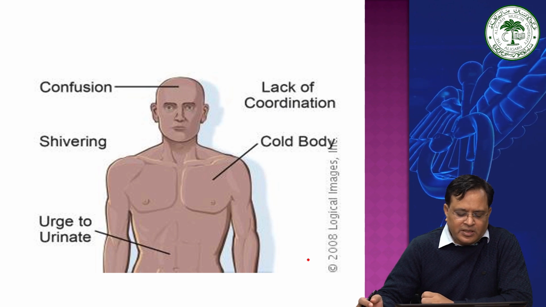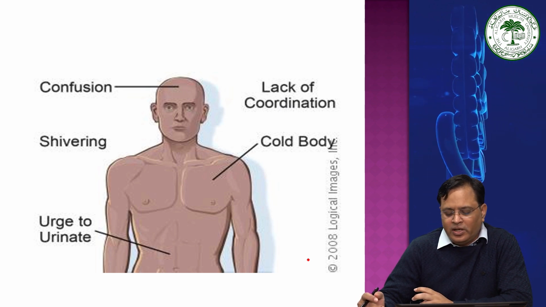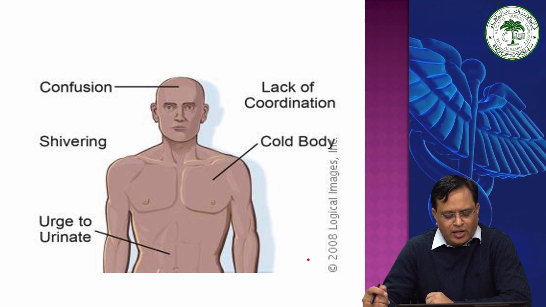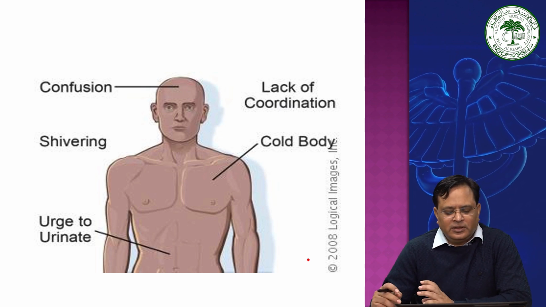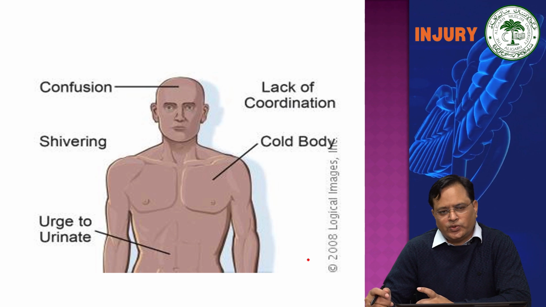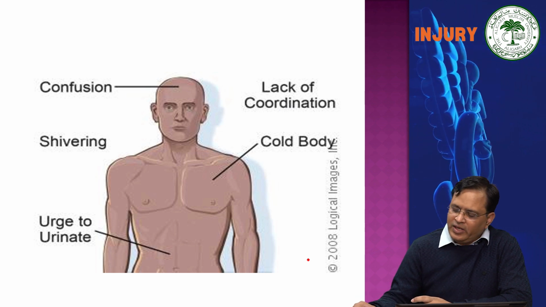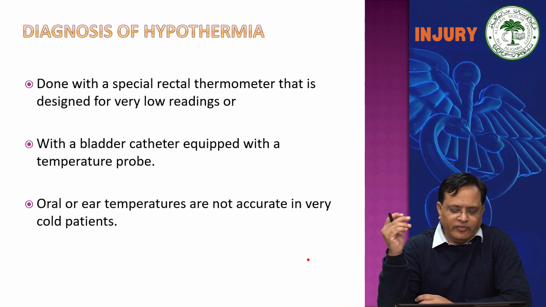The more the temperature decreases, the body becomes cold, lack of coordination is there, shivering is there, confusion is there, urge to urinate is there. So we have a lot of conditions there.